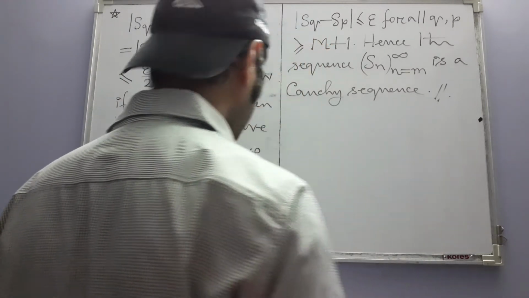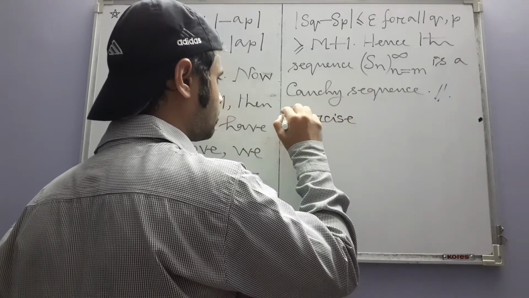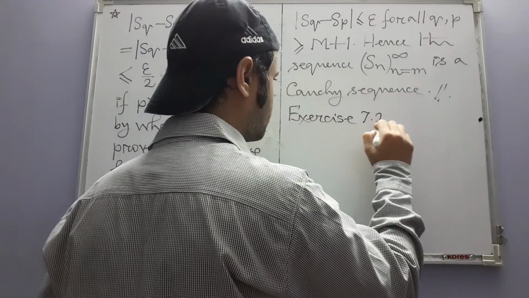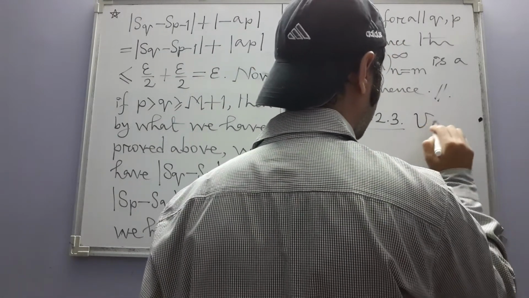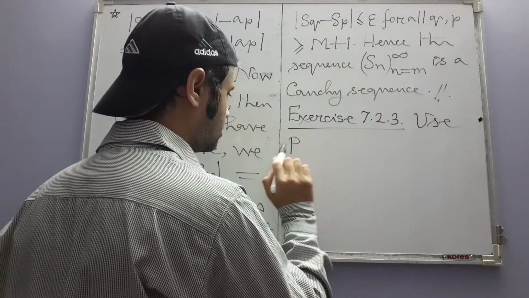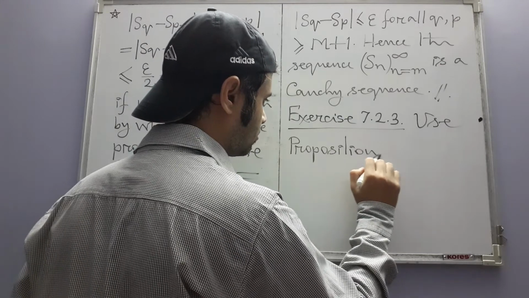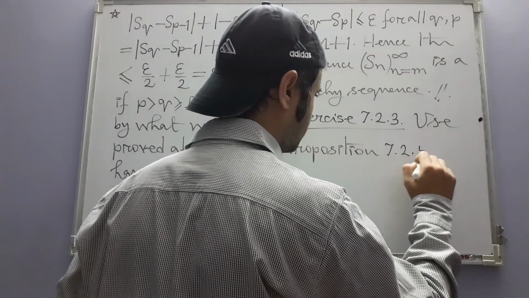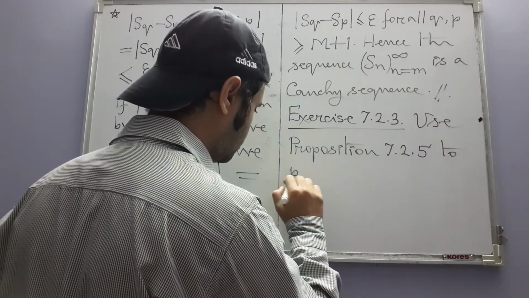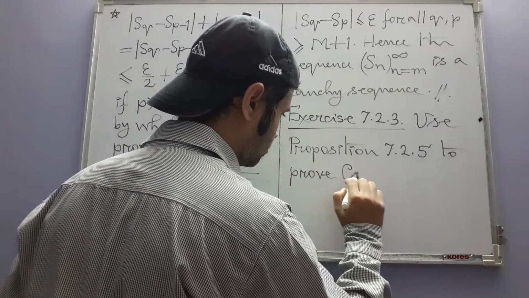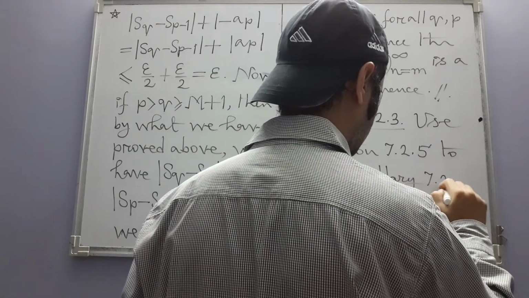Next, use this proposition that we have proved just now to prove corollary 7 to 6.